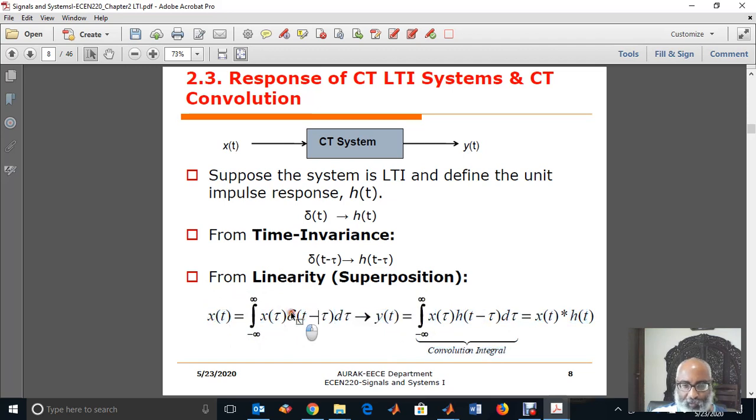In the input equation, I have the impulse, Dirac t minus tau. In the output equation, I have the impulse response, h of t minus tau. This overall integration we call the convolution integral, and we write it as x of t, this star sign, h of t: x of t convolved with h of t is this mathematical expression.